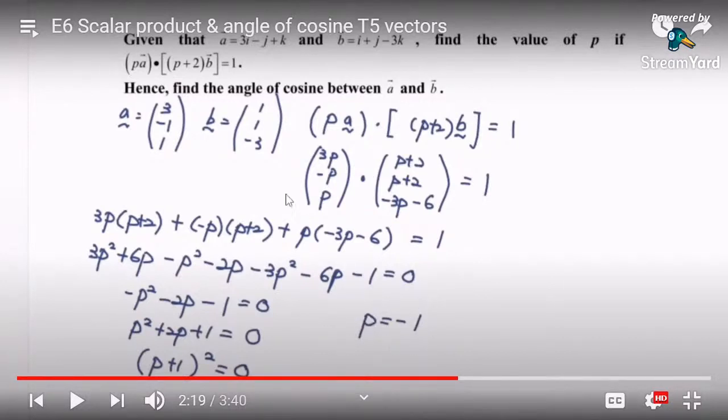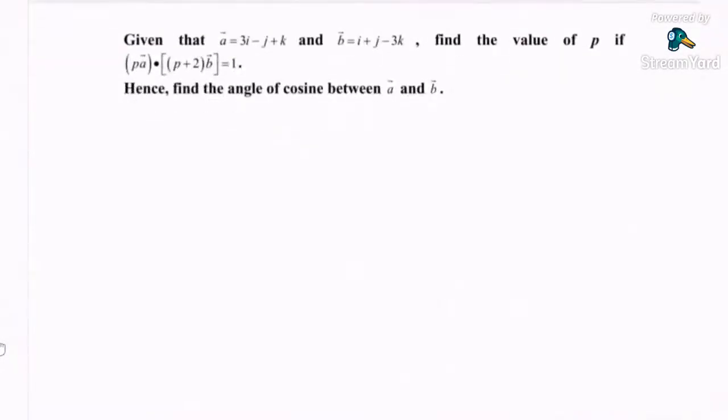Okay, kemudian saya kena jawab soalan seterusnya iaitu find the angle of cosine between the vector A and vector B. Next, find the angles of cosine between the vector A and B. So where we have the formula, vector A dot vector B is equals to modulus of vector A multiply with the modulus of vector B cos theta. So we are interested in cos theta, where we have angle of cosine.